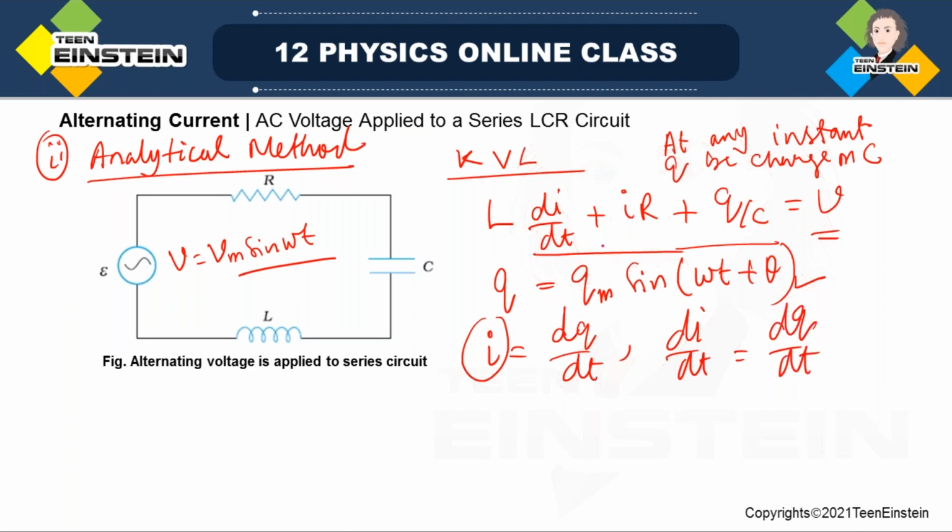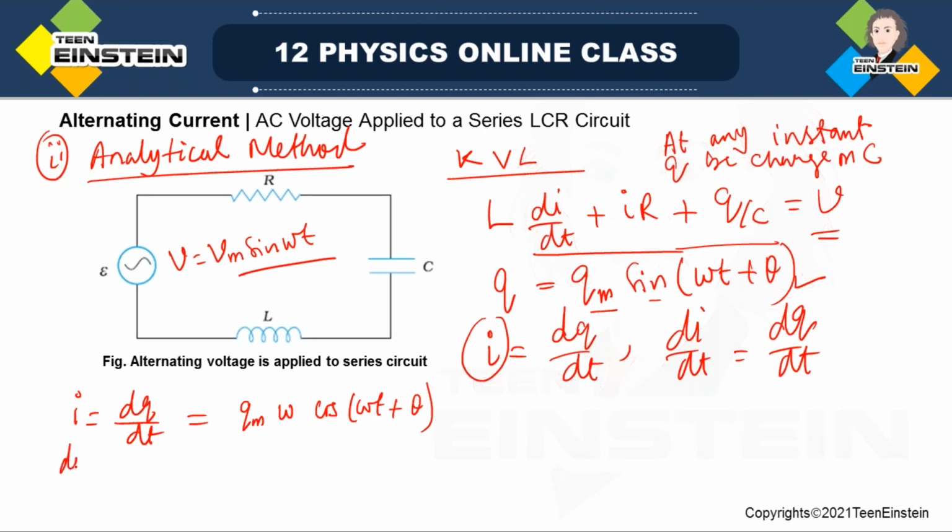Taking the derivative, dq/dt, which is I, you get Qm omega, and sine becomes cos of (omega t plus theta).